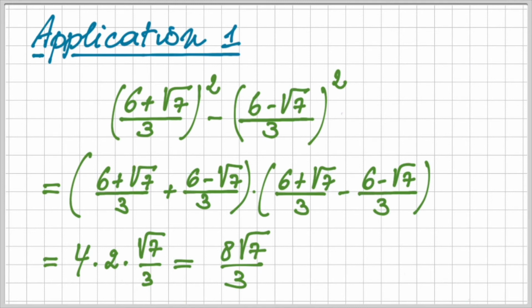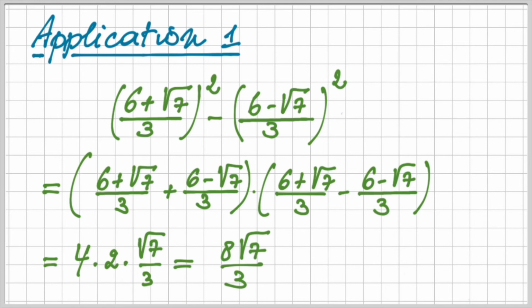So you see that it's very easy to use this to simplify a formula that at first sight looks very complex. When we apply a squared minus b squared is a plus b times a minus b, we can simplify this and find an easier way to finish the calculation.